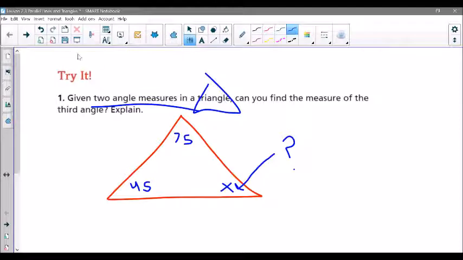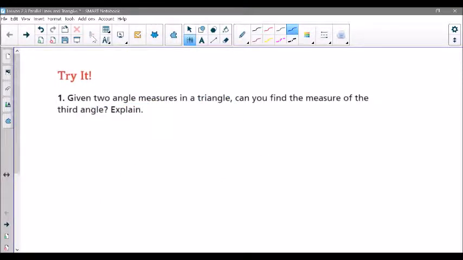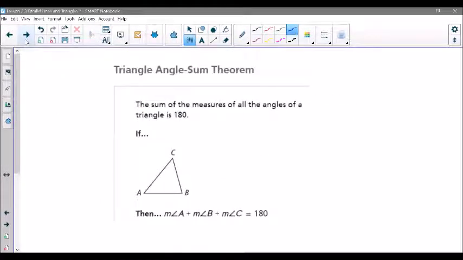All right, well, we have another theorem. I think I said that we use substitution and transitivity all the time, but we might be using this one. This might be one of our more widely used theorems. And this one is called the triangle angle sum theorem. This one's kind of cool.